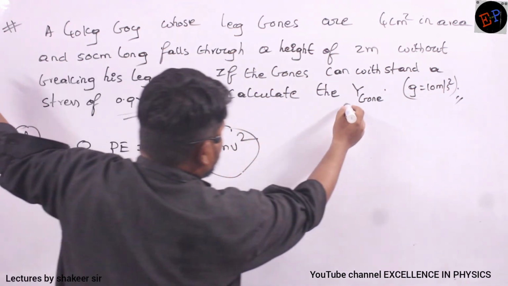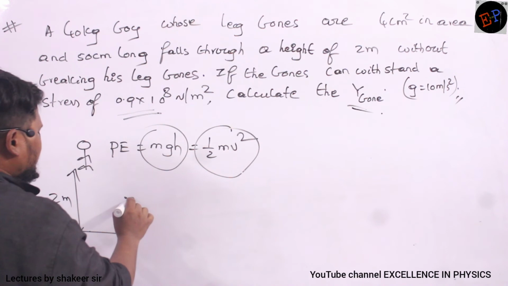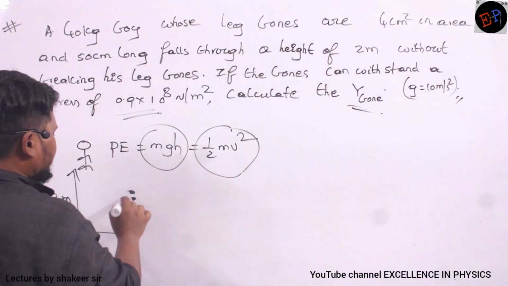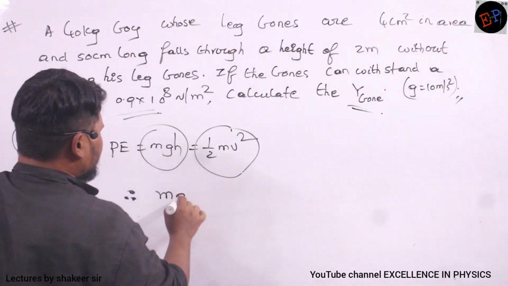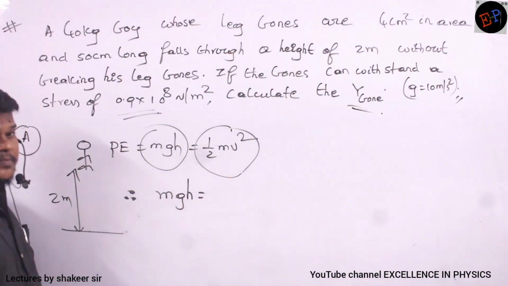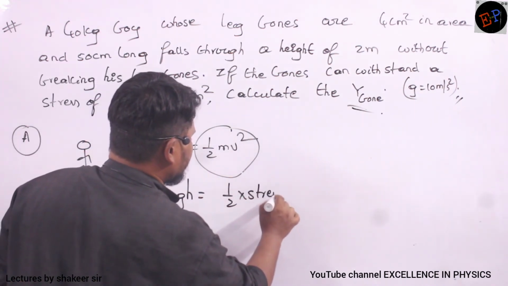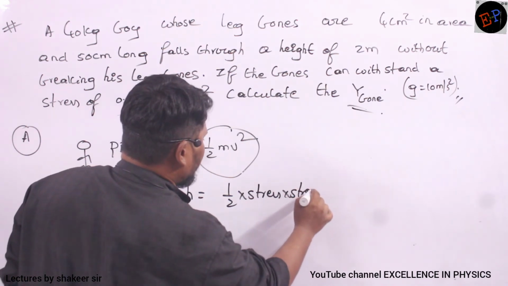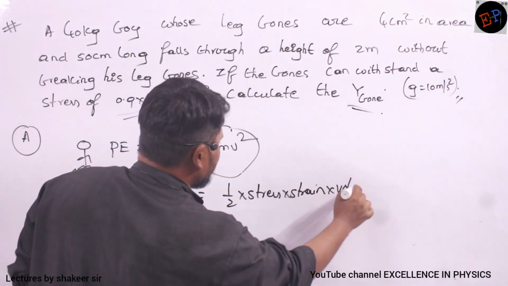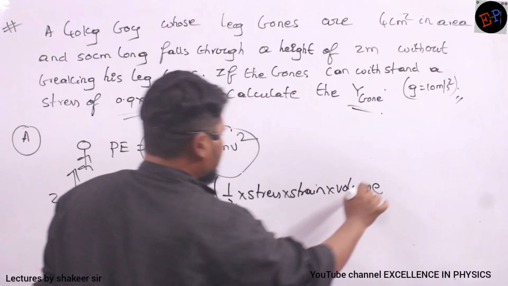Young's modulus we are supposed to calculate. Therefore, what I can write here is mgh, total initial energy of the person. It is converting into half into stress into strain multiplied by volume, and multiplied by 2 also.